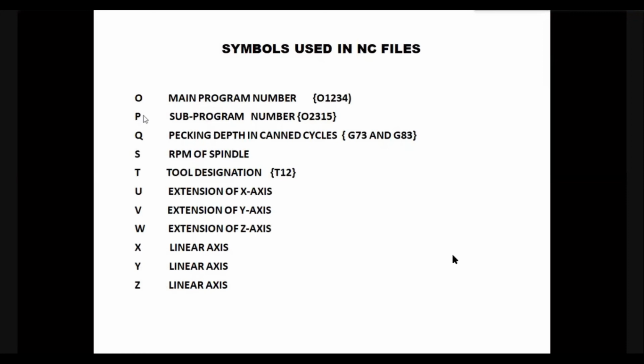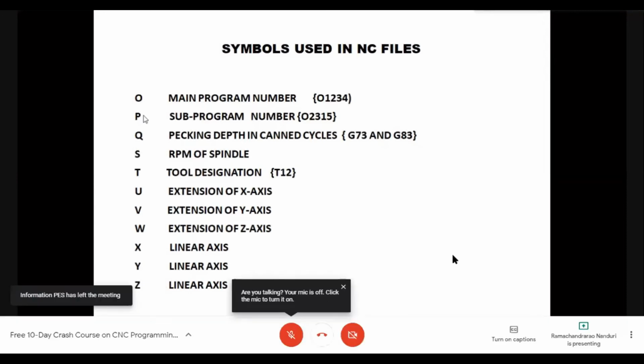In those canned cycles, the drilling action of deeper holes will be done in the peck drilling cycle. In this peck drilling cycle, we will be specifying how much depth can be taken in each stroke of the cutting action. So if you have a 150 mm depth, it will be taken in stages.